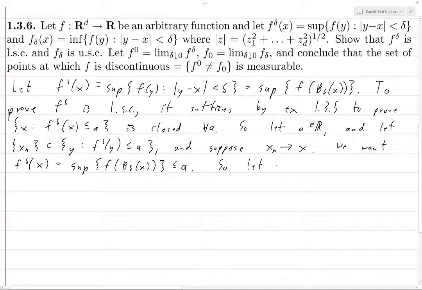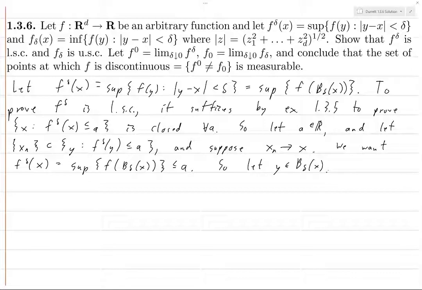So let y be any point in this ball of radius delta at x. What we want to use here is the fact that these x_n's are converging to x, and if you choose any point in the ball of radius delta centered at x_n and you map it under f, we know something about this number.